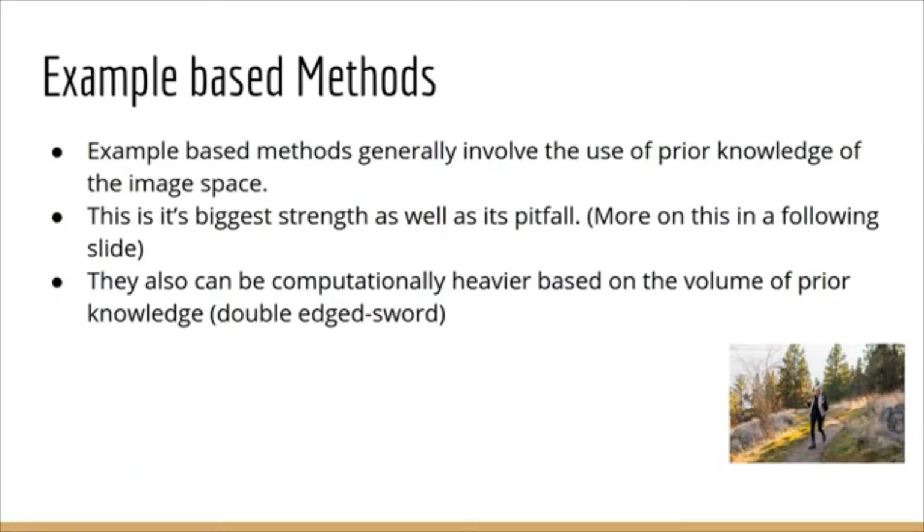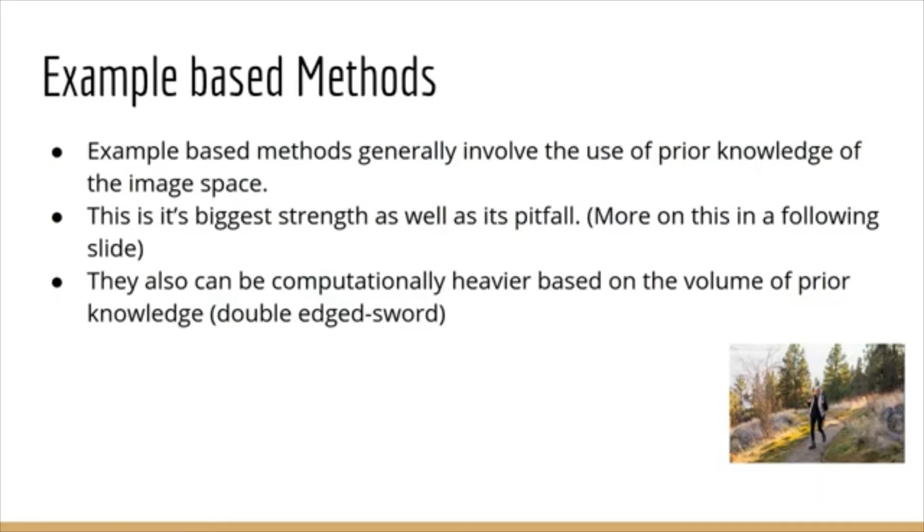This is its biggest strength as well as pitfall. What happens is, you need to have a huge number of exposures and they need to be registered properly, and this can act in both directions.